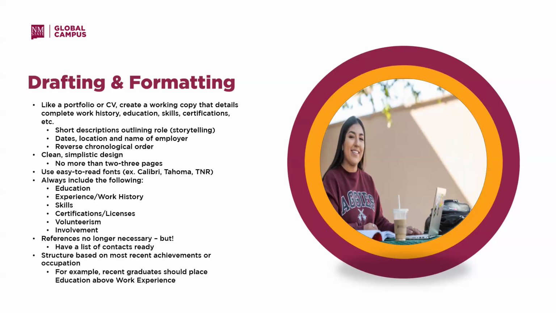For me personally, I have listed my work history on the right-hand side and my education on the left-hand side, so they're hanging out together side by side, and you can see what I use with my degree and how it translates into how I've been moving up in the workforce.